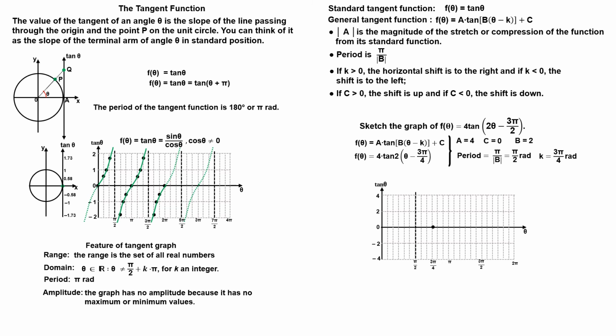So place a vertical asymptote pi over 4 units to the right of the beginning of the cycle, and place a vertical asymptote pi over 4 units to the left of the beginning of the cycle. The y value of the point halfway between the 0 point and the right asymptote is a. The y value of the point halfway between the left asymptote and the 0 point is minus a.